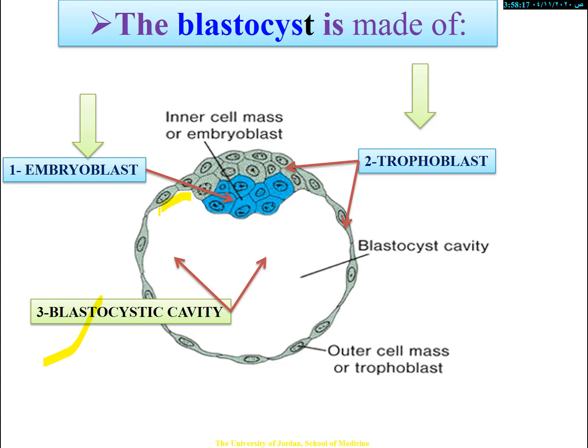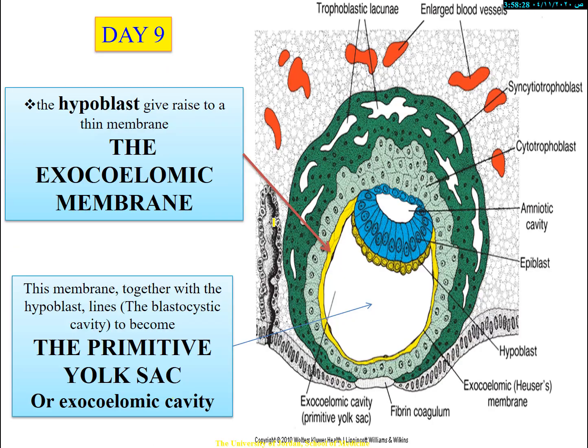Now after it has been lined by these cells from the hypoblast, of course, in this drawing here, the cavity has become the primary primitive yolk sac. You need to understand the blastocystic cavity. After the migration of these cells, the exocoelomic membrane, it became the primitive yolk sac.